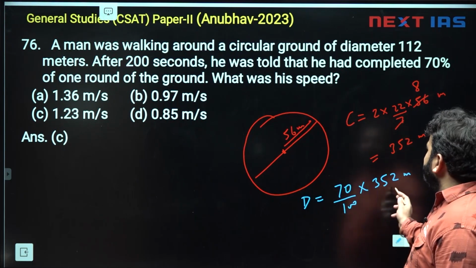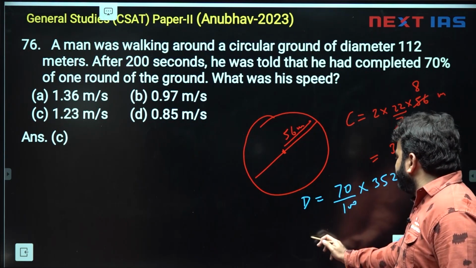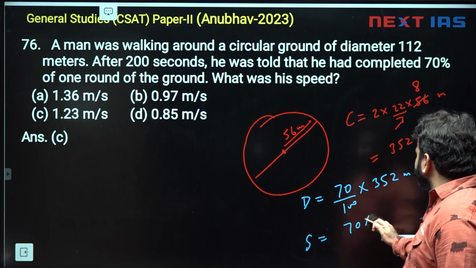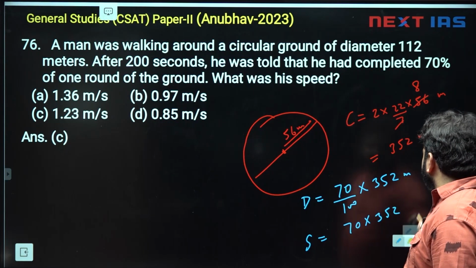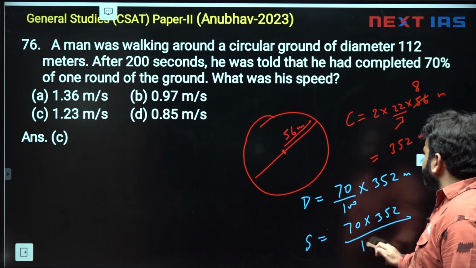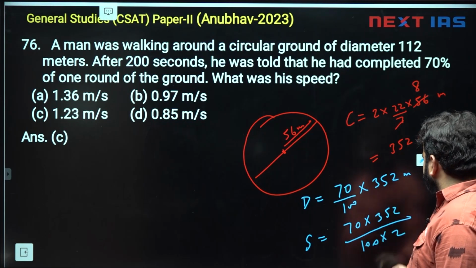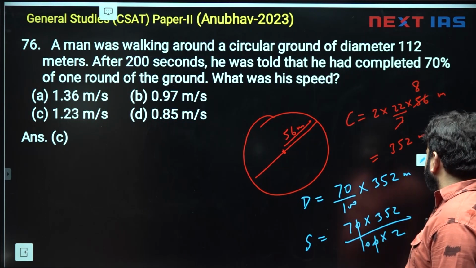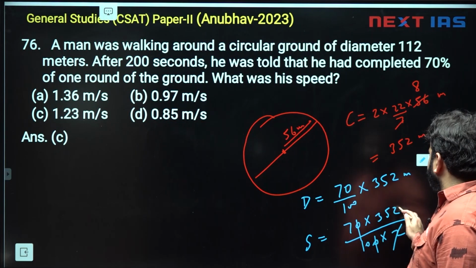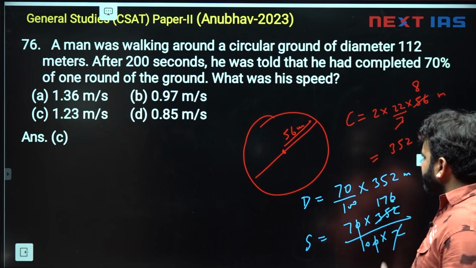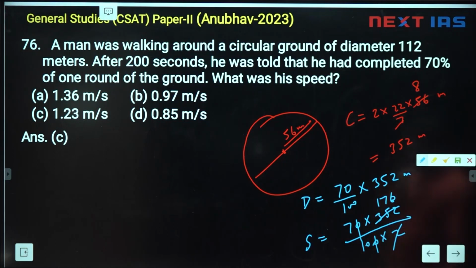And this is the distance in 200 seconds, so what will be the speed? 70 into 352 upon 100 into 2, 176. So 176 into 7 upon 10, 200, sorry, this is 200.